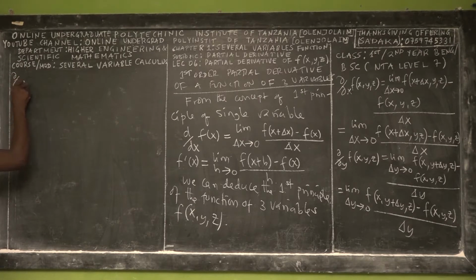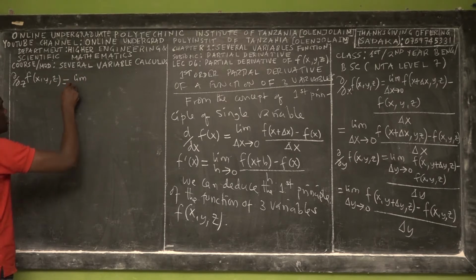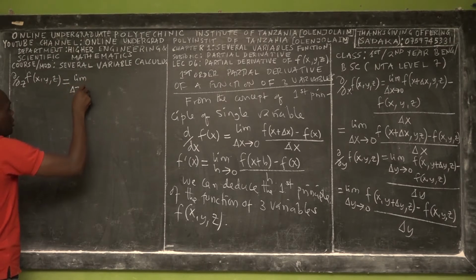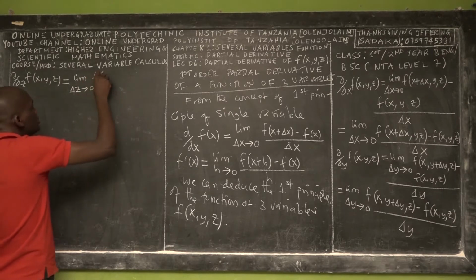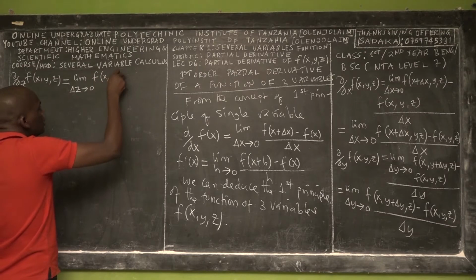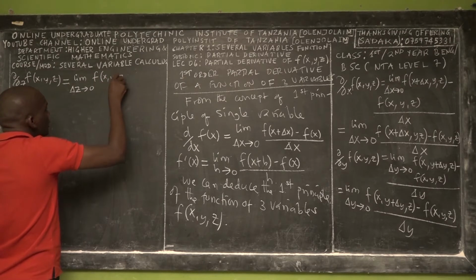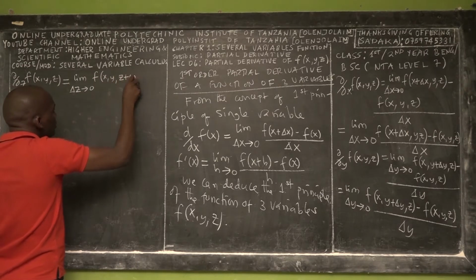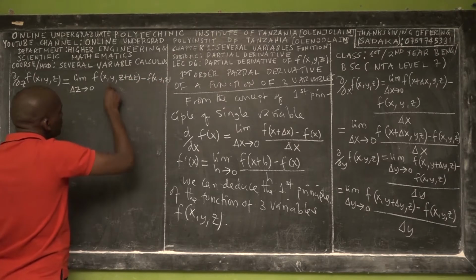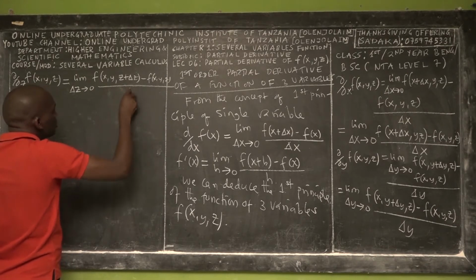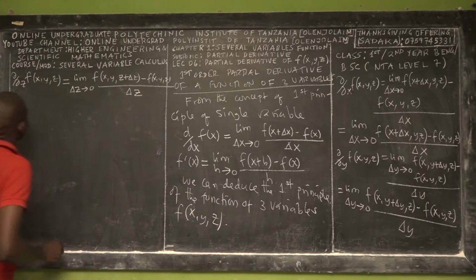So the partial derivative of the function f of x, y, z with respect to z is equal to the limit as small change in z approaches 0 of f(x, y, z plus small change in z) minus f(x, y, z), divided by small change in z.